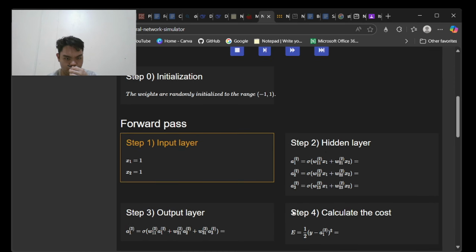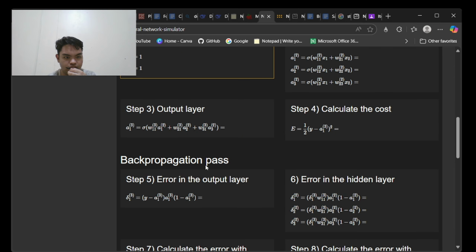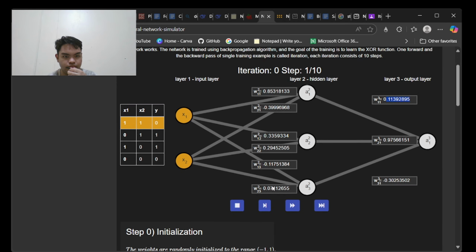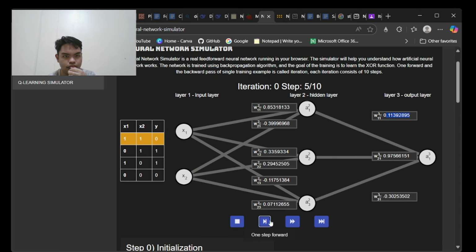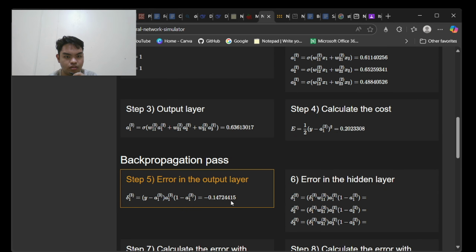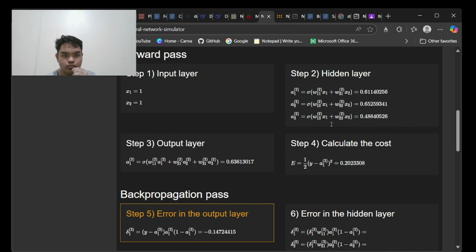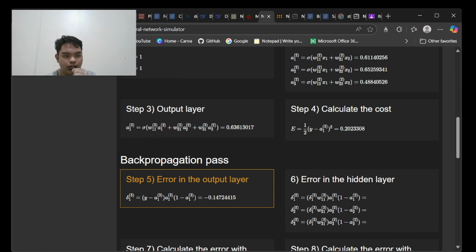Now step 5 is the output error, here, the output layer. The cost calculation is around 0.2023308, and the output layer error is around negative 0.1472415.